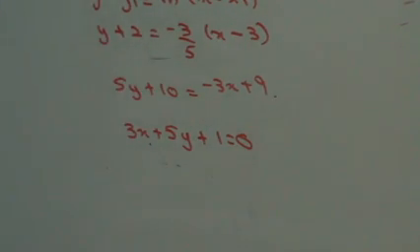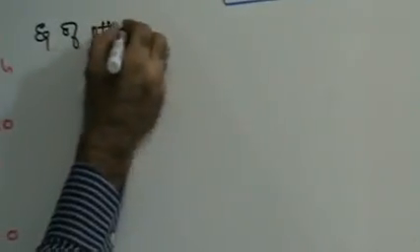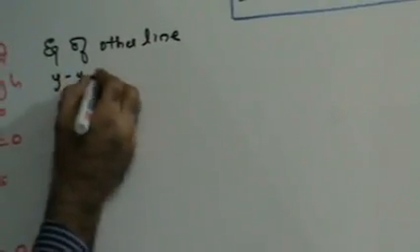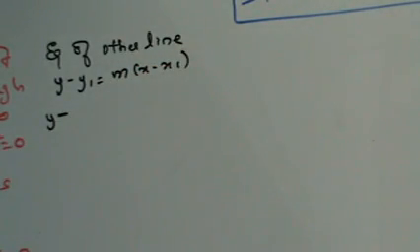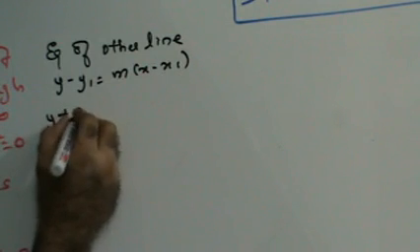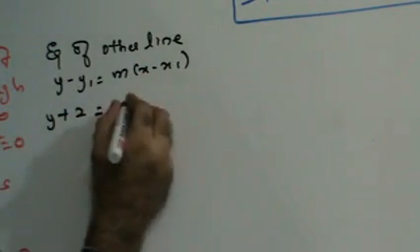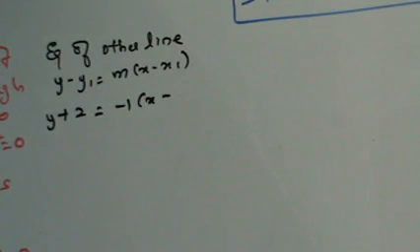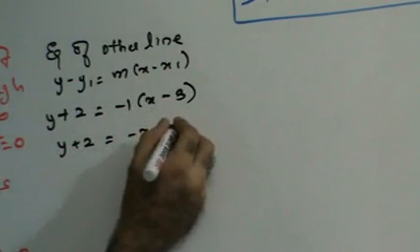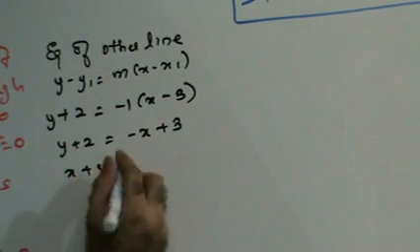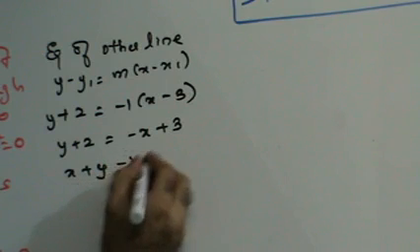Similarly, I could find out the equation of the other line. Equation of other line is going to be again y minus y1 is equal to m(x minus x1). So y minus y1 is going to be y plus 2, slope m is minus 1, x minus x1 is x minus 3, so I'll get y plus 2 is minus x plus 3, x plus y minus 1 is 0.